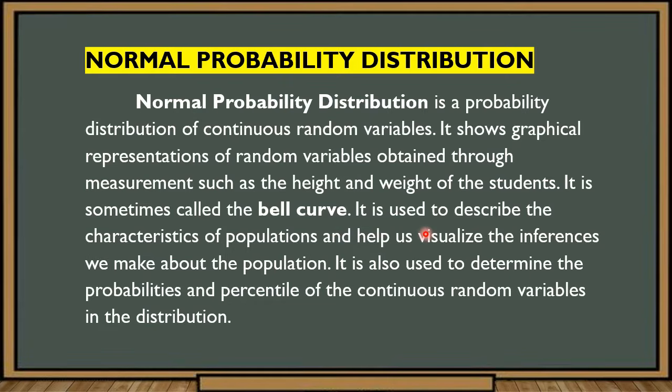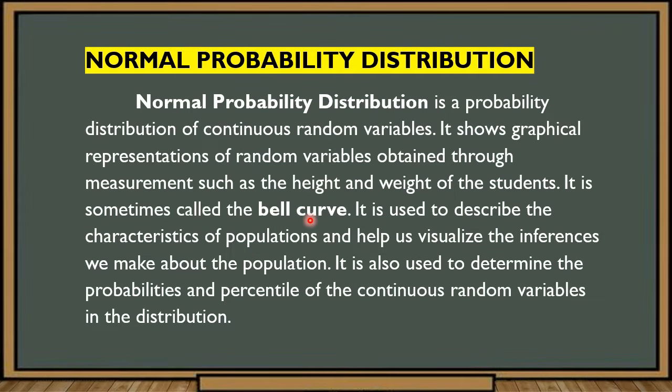It is used to describe the characteristics of populations and help us visualize the inferences we make about the population. Yung bell curve natin, yung normal probability distribution, is the best picture of how we can visualize or make inferences about our population, especially when we are dealing with random variables which are continuous.